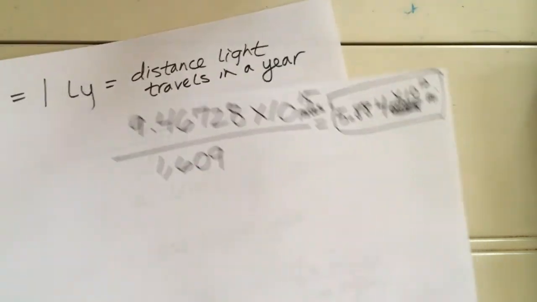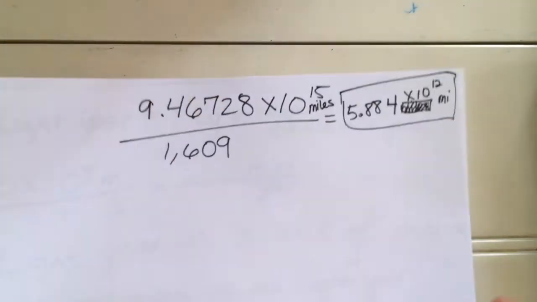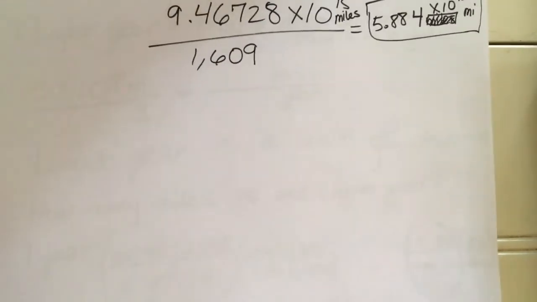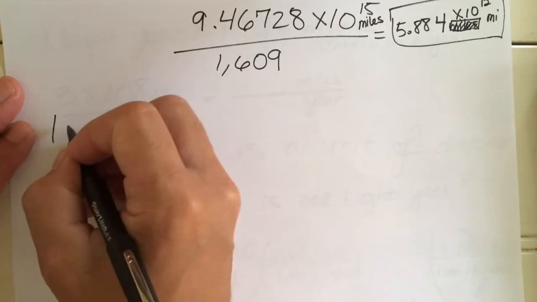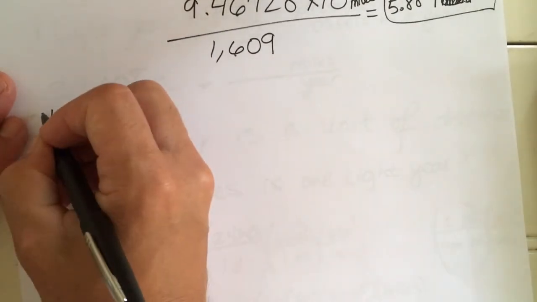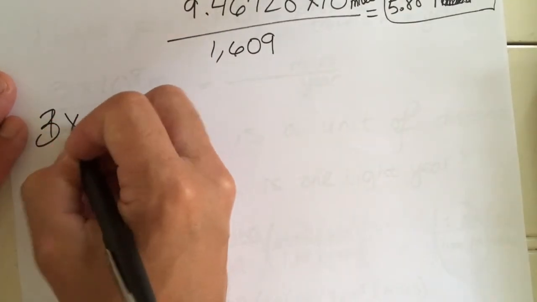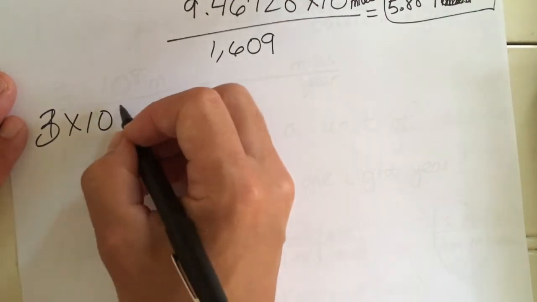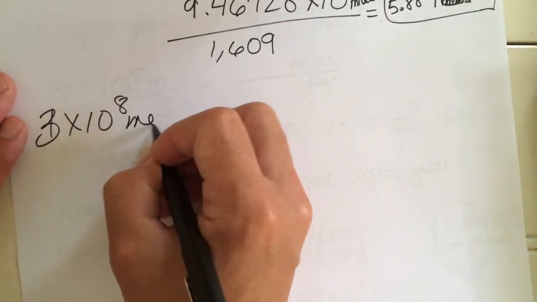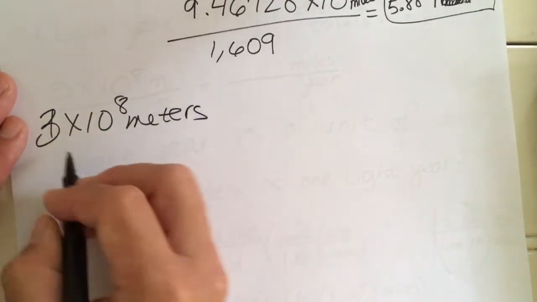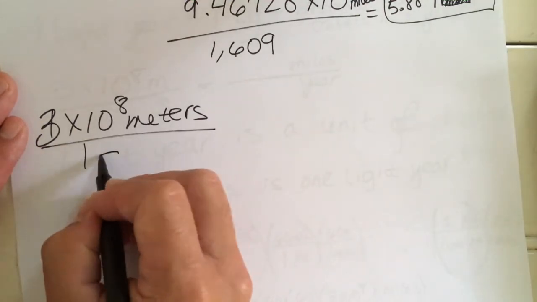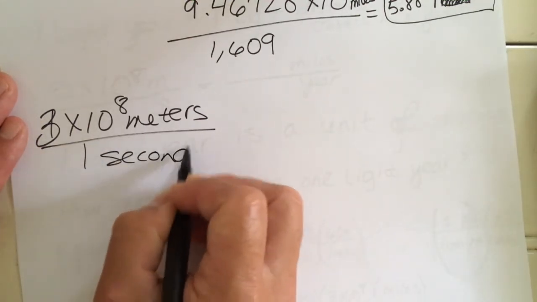So the other way I was suggesting you could try, if you don't like that way, is that you start by writing 3 times 10 to the 8th divided by 1 second, right?